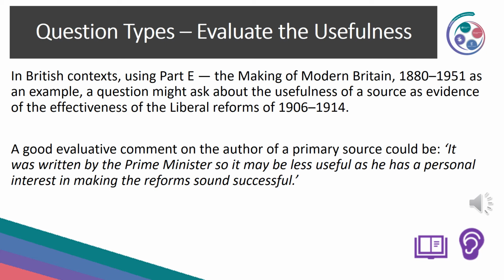In this case, the candidate has identified the point from the source, which is saying that the source was written by the Prime Minister. They have also given an evaluative comment. They have argued that the source is less useful. They have then given a good explanation of why they have made that evaluative comment. They've said he has a personal interest in making the reforms sound successful.